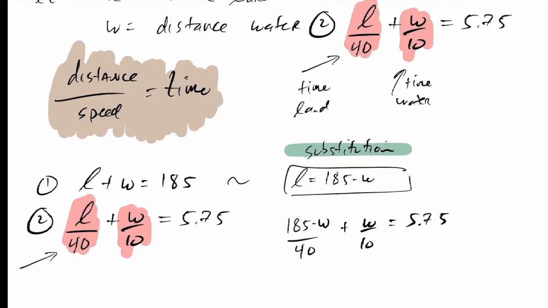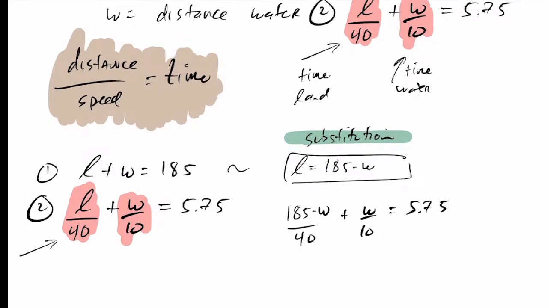All right, good. So solve for this here. You can multiply across by 40, in which case I get 185 minus W plus 4W, and then 40 times 5.75.